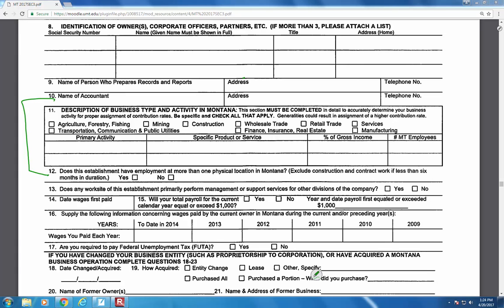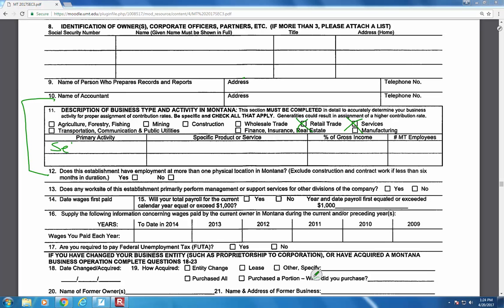So out of the chute, the first year when they give you a SUTA rate, you don't have any history. They don't know if you're going to be a deficit or an eligible employer. So they're just going to assign you a rate based on the average for whatever it is you do. Say I'm going to be in software, computer sales and servicing. So I'm going to do some retail and some services.